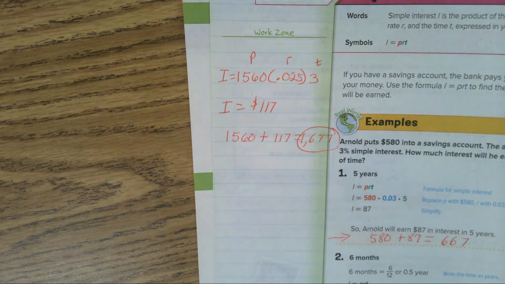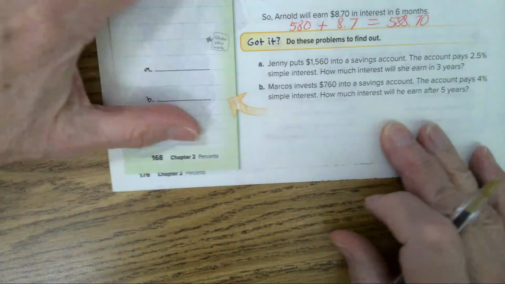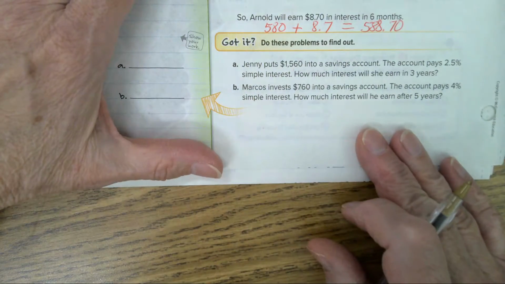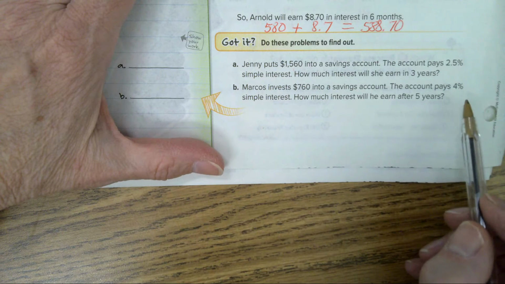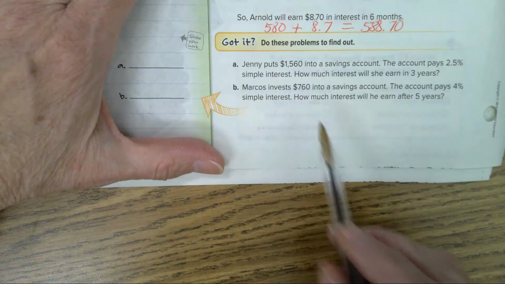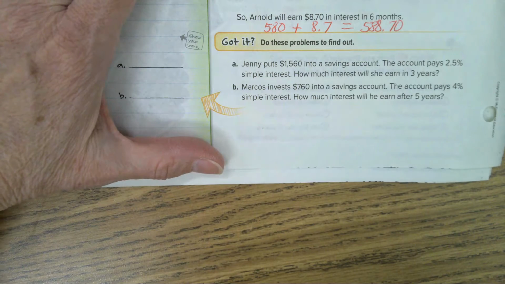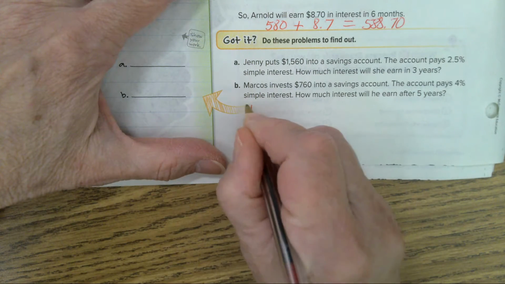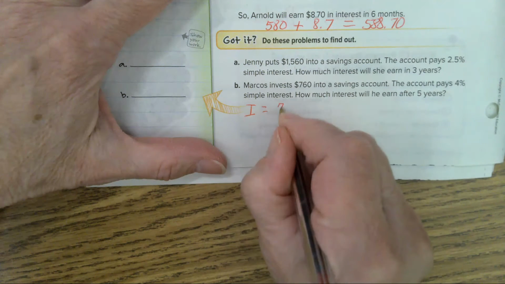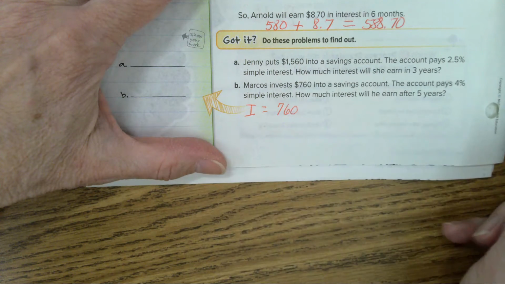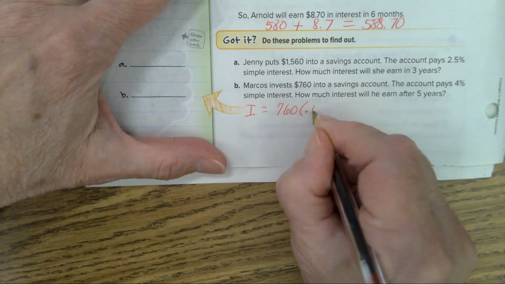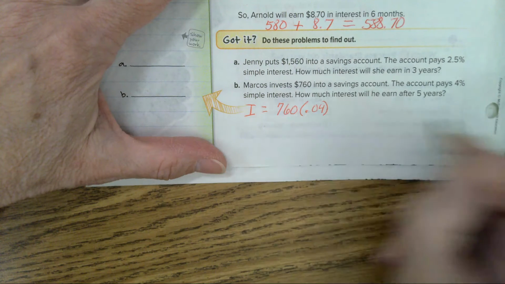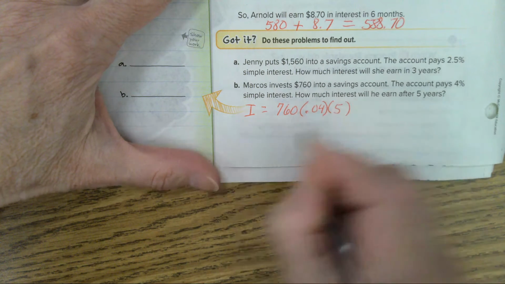Okay, now let's look at example B. Marco invests $760 into a savings account. It pays 4% simple interest. How much interest will he earn after 5 years? Interest equals 760 times 0.04 times 5.